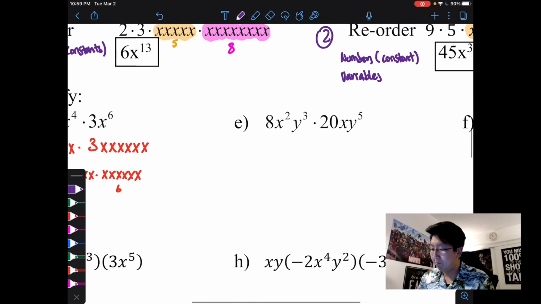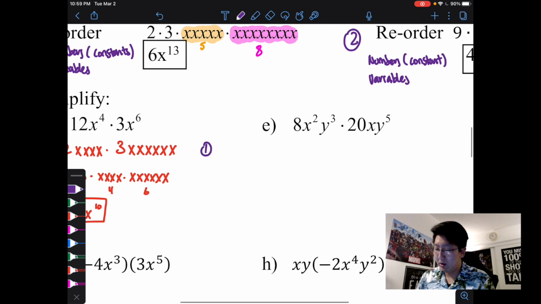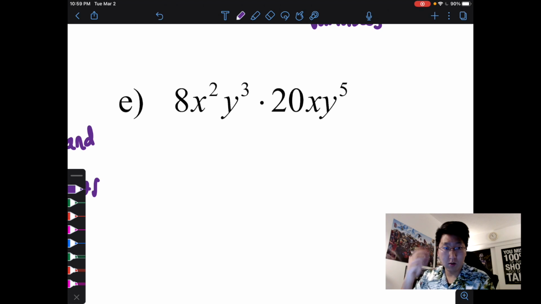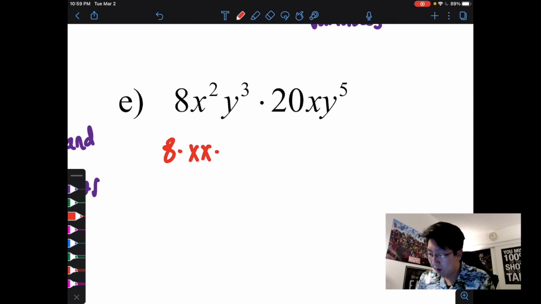Okay, next, first thing we're going to do is we're going to expand, and then we're going to reorder, and then we can combine like terms or simplify. So let's take our first one, 8 times x times x times y times y times y.